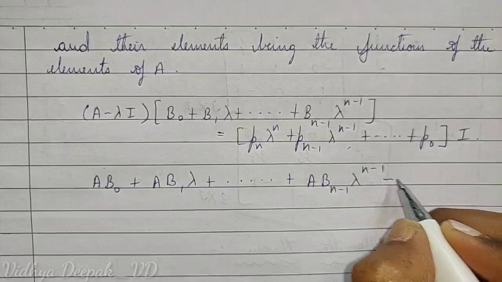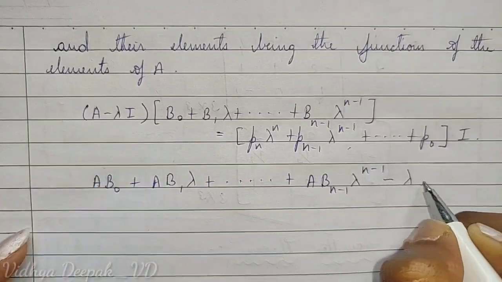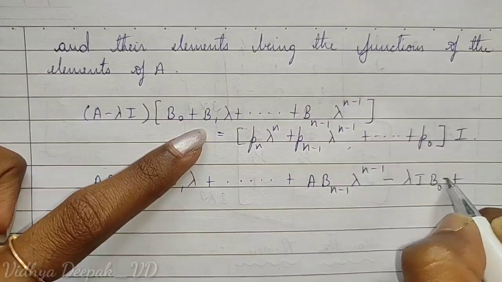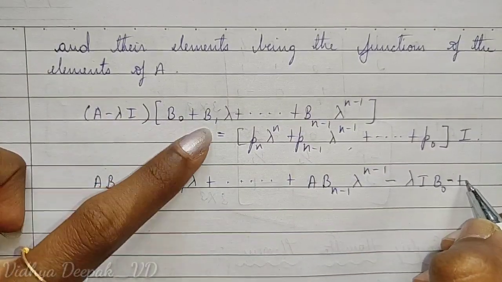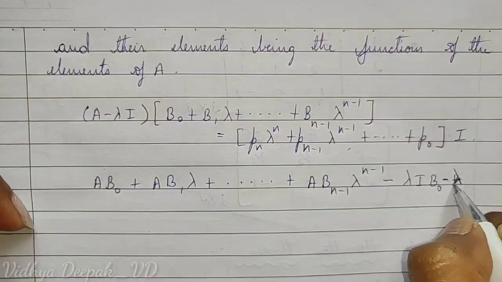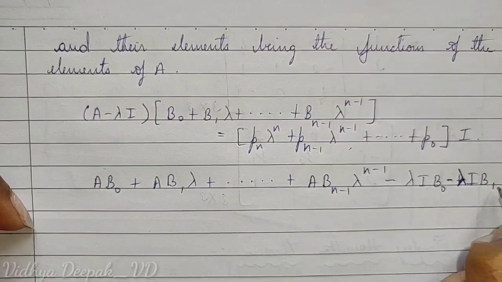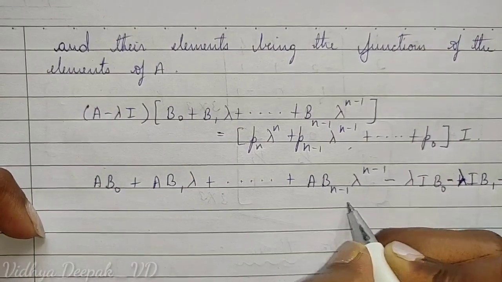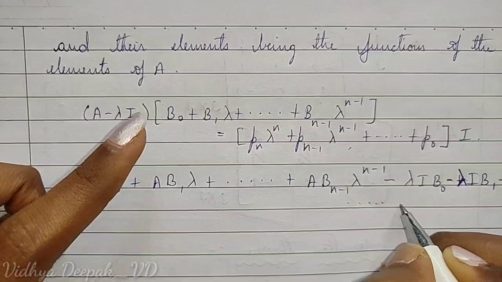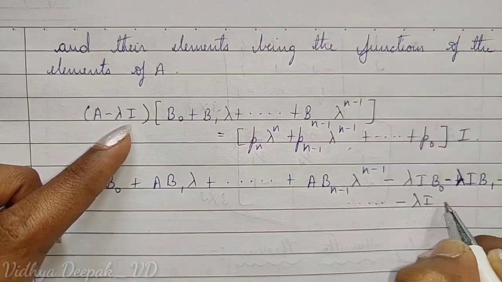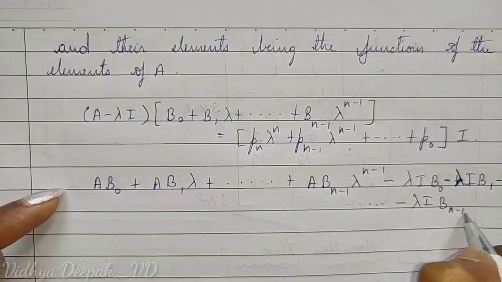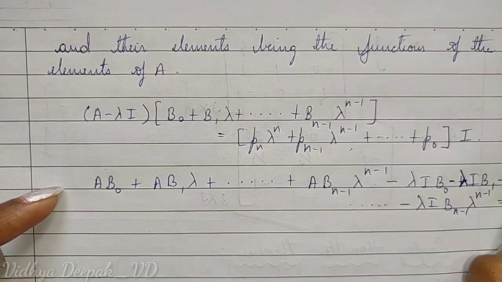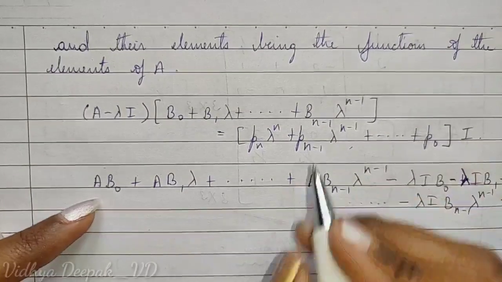Now plus into minus, minus lambda I into B naught, plus into minus, minus again lambda I into B1 lambda, etc. up to minus lambda I into Bn minus 1 lambda to the power of n minus 1, equal to, again multiply this I inside here.